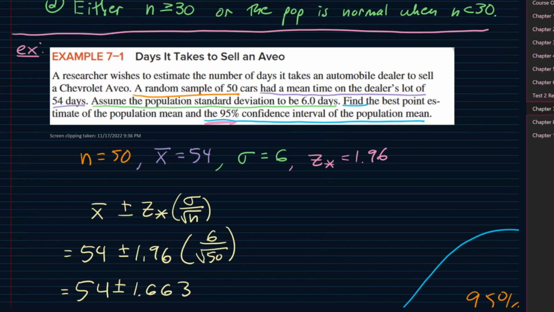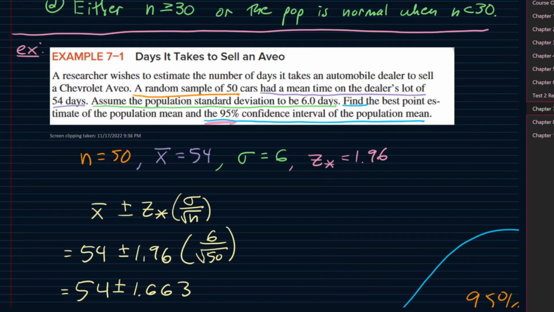A researcher wishes to estimate the number of days it takes an automobile dealer to sell a Chevrolet Aveo. So he's trying to find the population average for the number of days that it takes to sell the car. So we know we're looking for mu so far.